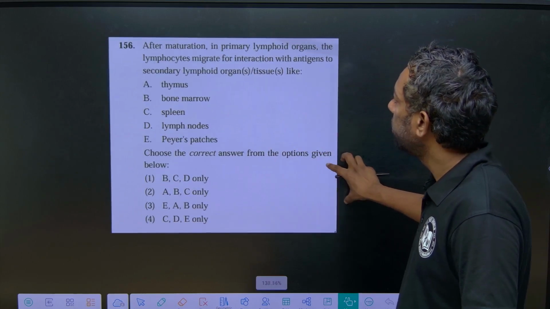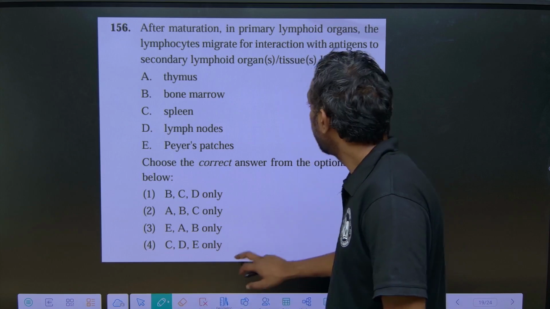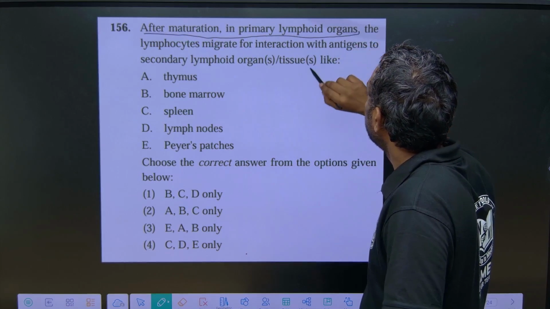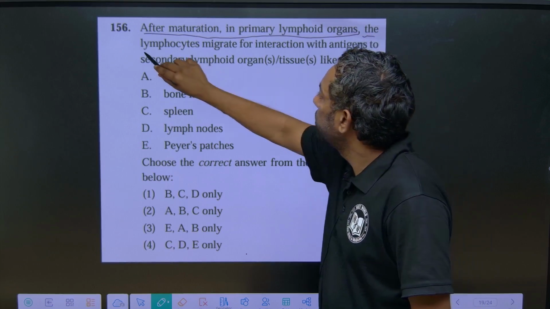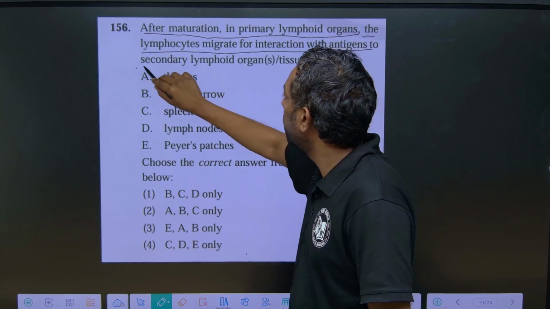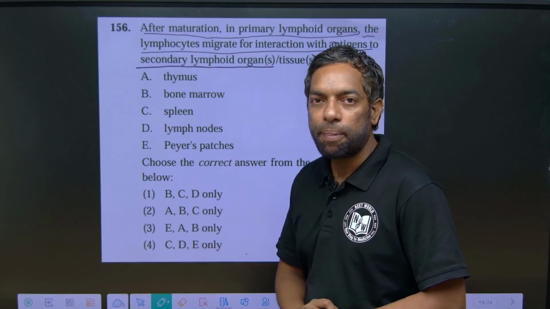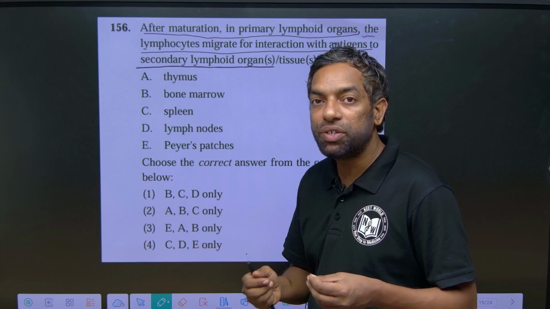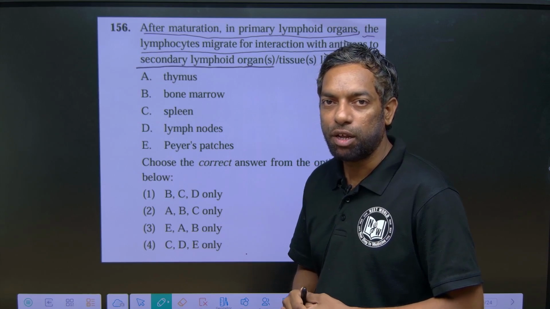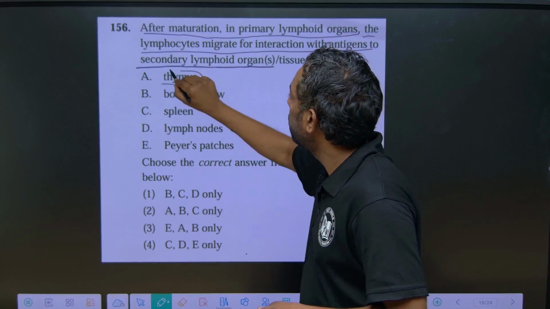After maturation in primary lymphoid organs, the lymphocytes migrate to secondary lymphoid organs for interaction with antigens. Thymus is a primary lymphoid organ, so it is not the answer. Bone marrow is also a primary lymphoid organ.